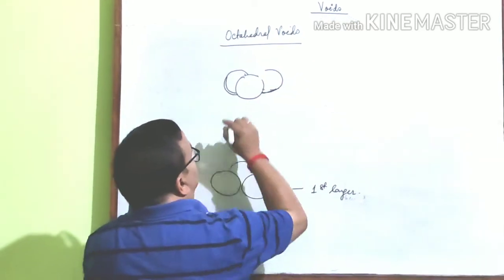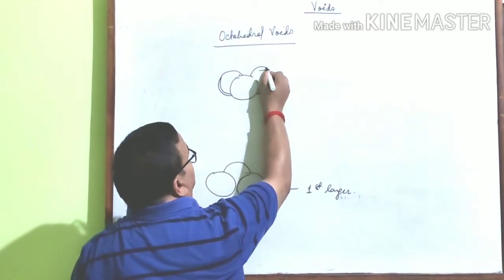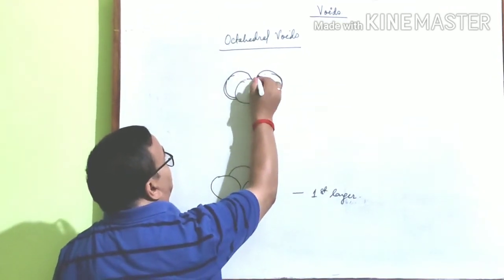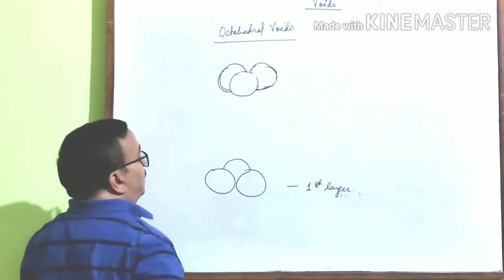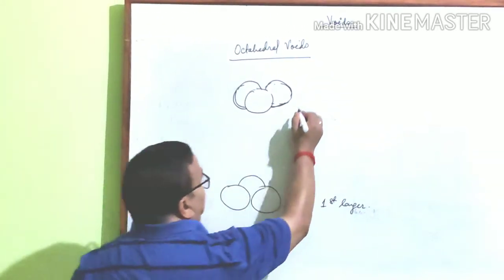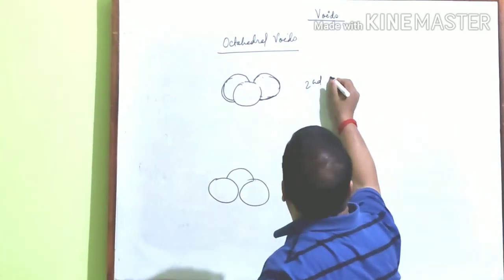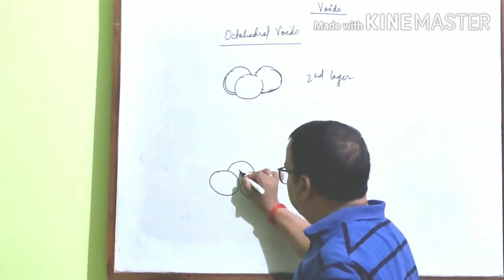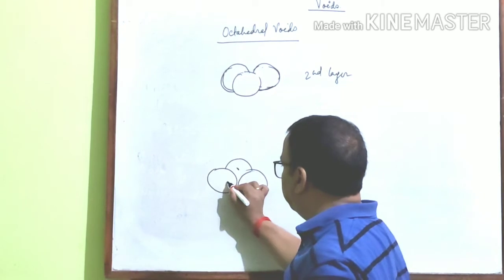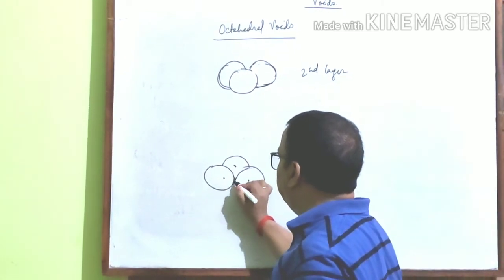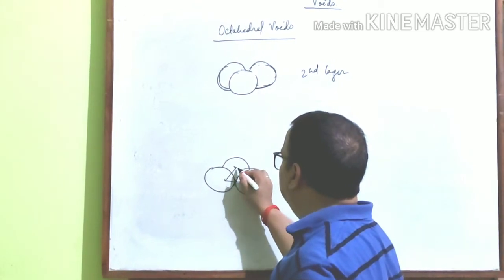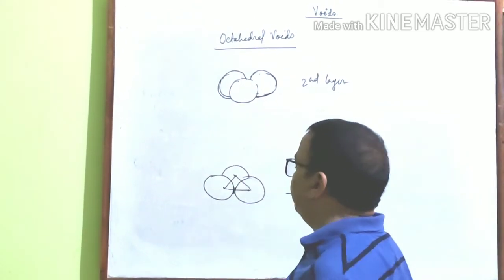These 2 spheres are in the back side. This is the second layer. Now if we join the centers of these 3 spheres, then we observe that a triangular base is formed.